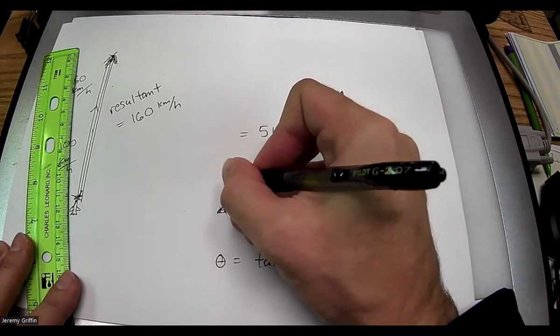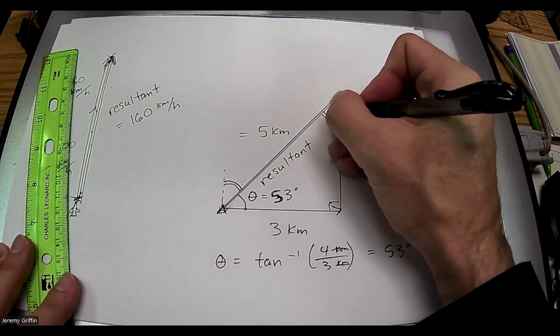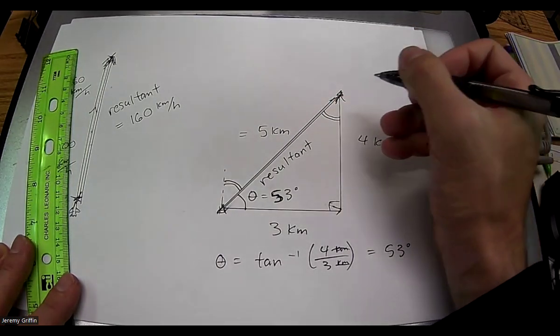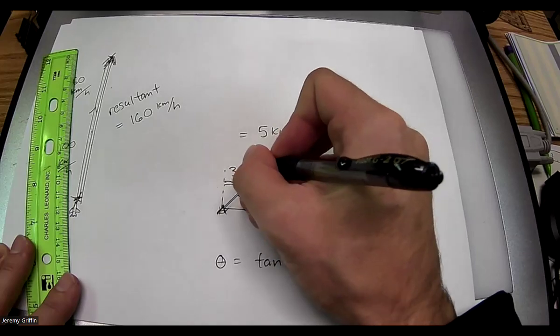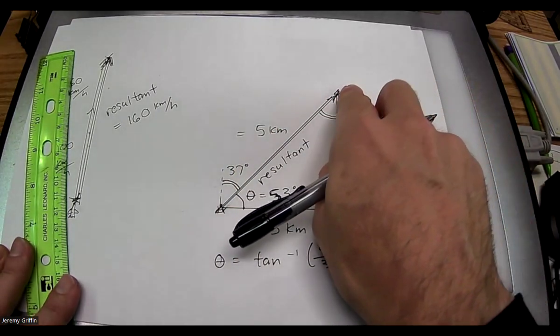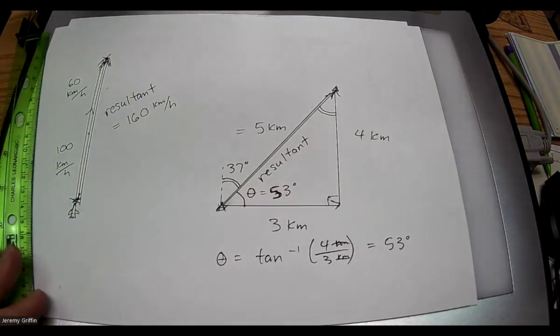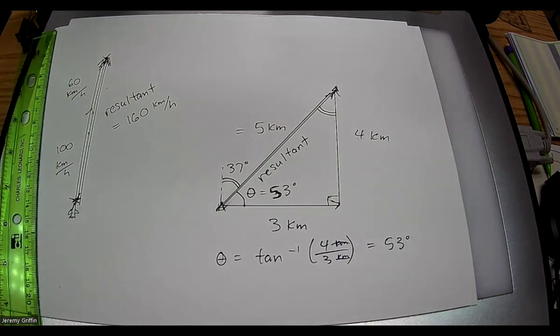How about this angle right here? 37 degrees. So I could say I'm 5 kilometers away, but to turn that into a vector, I want to say 37 degrees east of north, because direction matters.